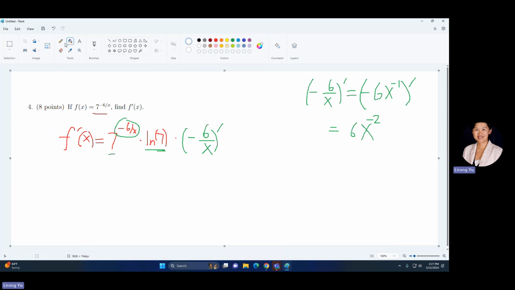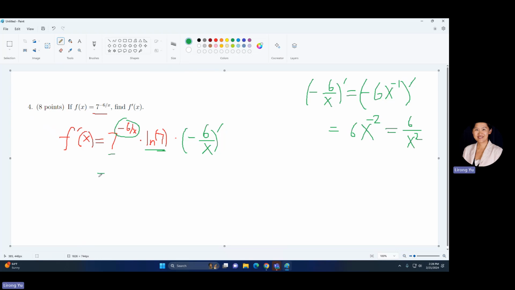Whenever the power is negative, it's actually division, so this equals 6 over x squared. The original function is negative 6 over x, and now the derivative becomes 6 over x squared. Lower the power: that's the negative 1, and this is power negative 2. Anyway, this is the derivative.